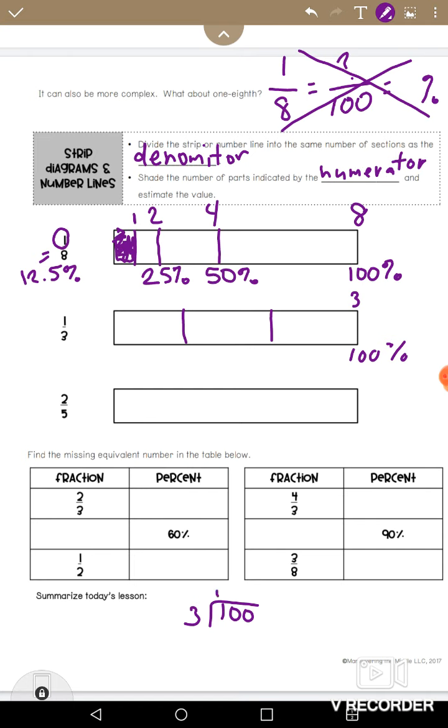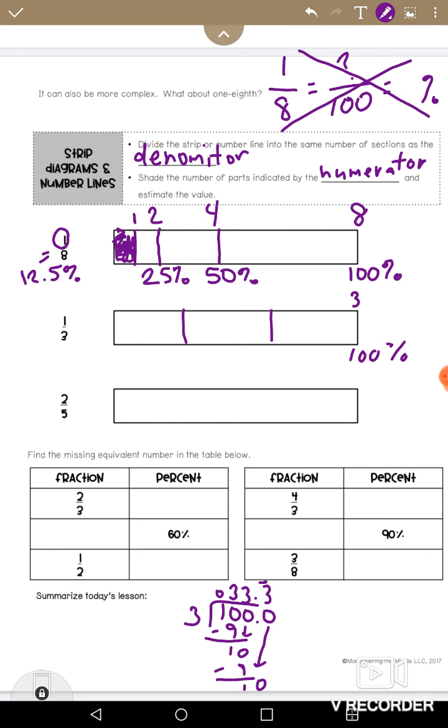3 goes into 1, 0 times. 3 goes into 10, 3 times. 3 times 3 is 9. Subtract, 1, bring down the 0. 3 goes into 10, 3 times. 9, 1. Put a decimal point and a 0. Bring down the 0. It's 10 again, 3, and it's just going to keep going and going and going.